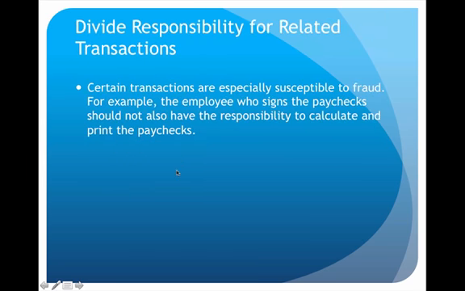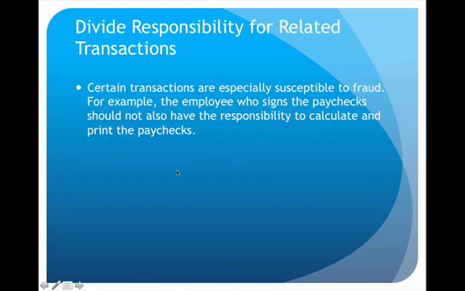And the next principle, divide responsibility for related transactions. So any kind of transaction that has multiple parts, we want to divide that responsibility up as much as possible. A good example of that is that any employee who has the ability to sign the checks should also not be the person who actually calculates and prints those checks, because obviously they could just print themselves an extra check and then sign it.